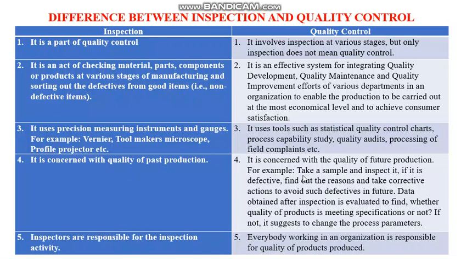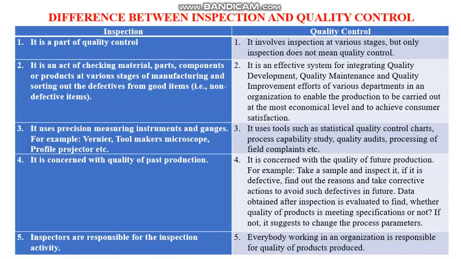Okay, see, true, we are making an inspection and taking measurements. So for example, we take a sample, we inspect it, and suppose we found out that a part is defective, then we analyze to find out what are the reasons because of which this part has become defective, where the error crept in, and what corrective actions should be taken so that such defects will not happen in future.